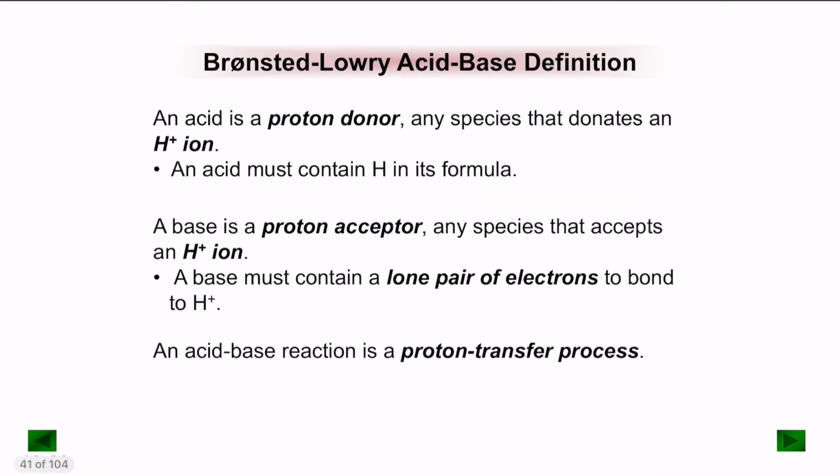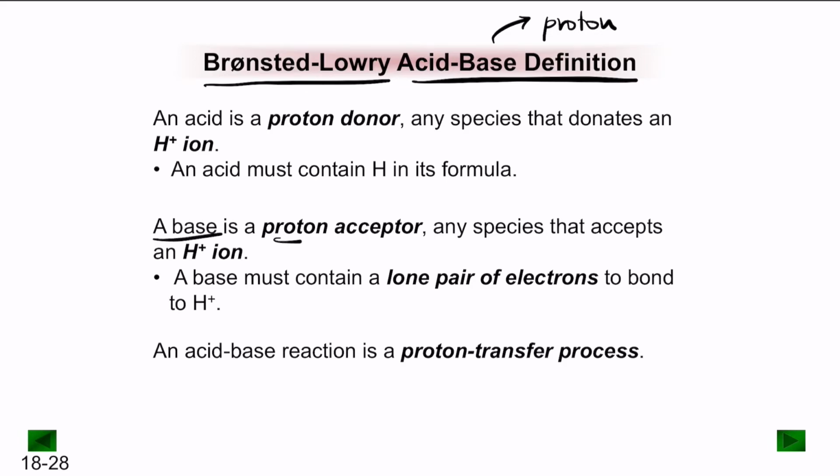So next, let's get into the next type of definition, called the Bronsted-Lowry definition of acids and bases. The Bronsted-Lowry definition gives the idea based on protons. The material that accepts the proton is called the base, and the one that donates is the acid. So an acid is a proton donor, and any species that donates an H plus ion is considered an acid.